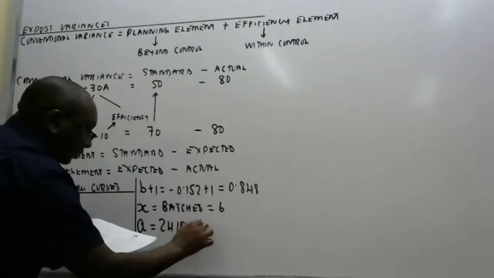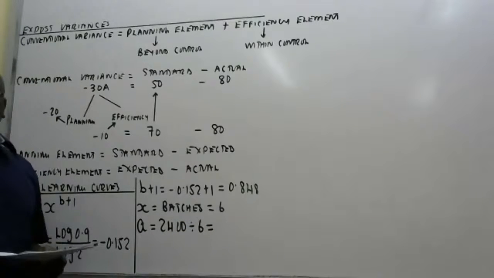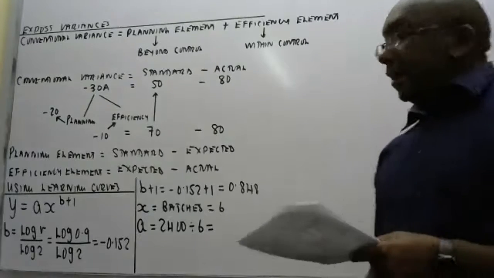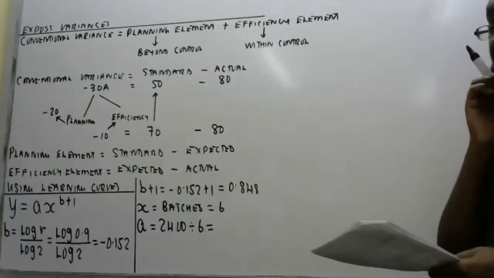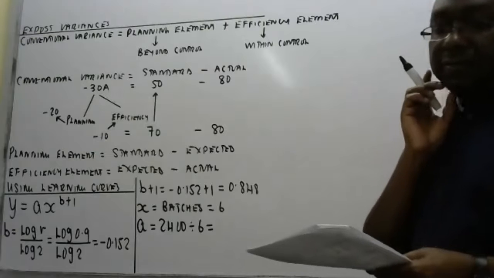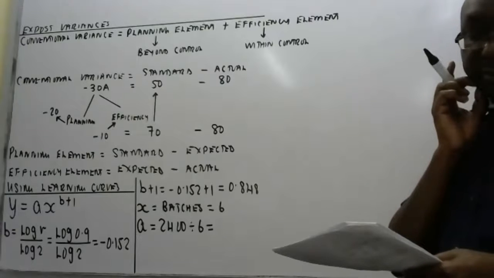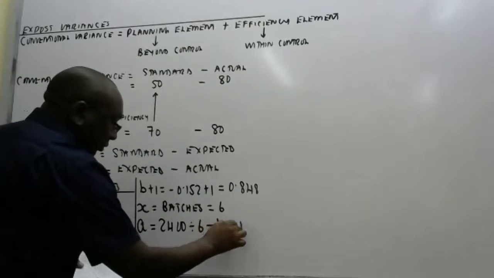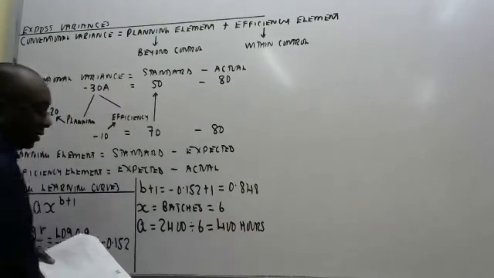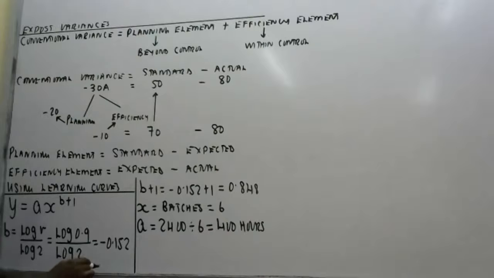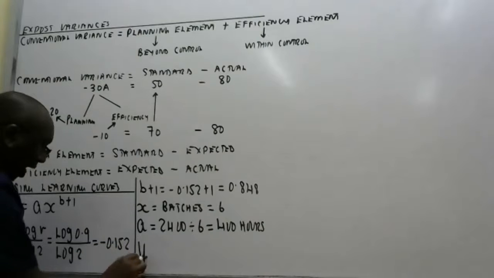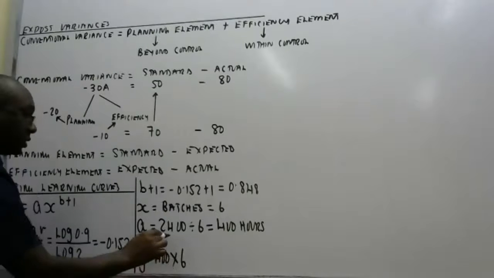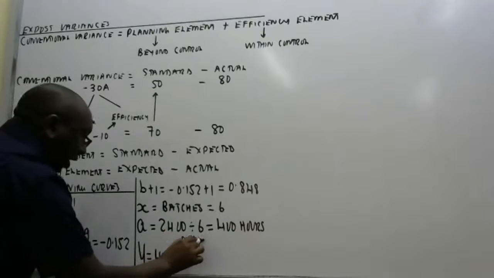And this would have been enough for 6 batches. So tell me, what would be the hours per batch? Yeah, good. We have 400 hours. So the expected time Y should be 400 times 6 raised to power 0.848.